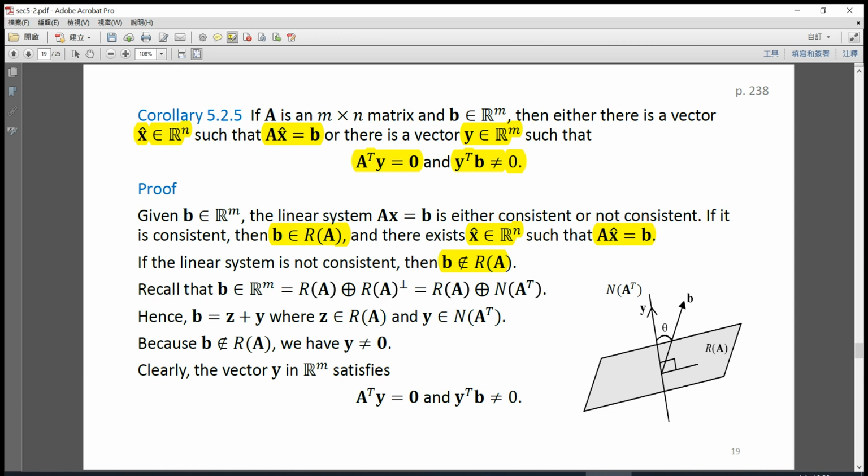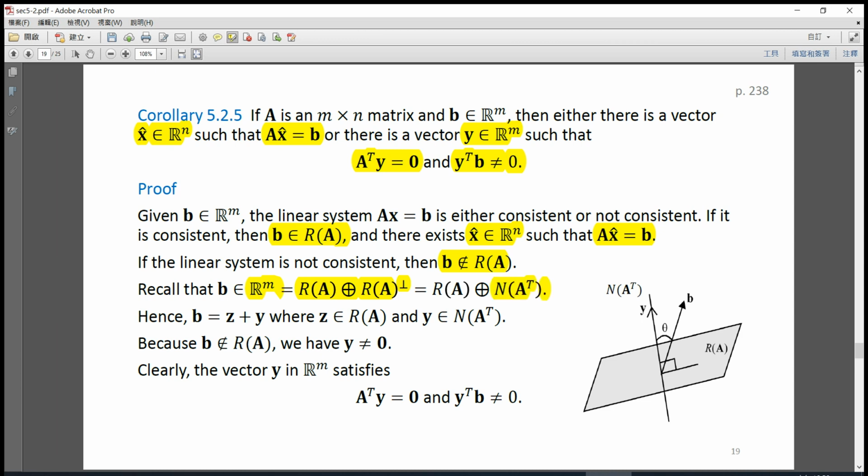Recall that Rm is the direct sum of the column space of A and the perp of the column space of A. By the Fundamental Subspaces Theorem, we know the perp of the column space of A is the null space of A transpose.